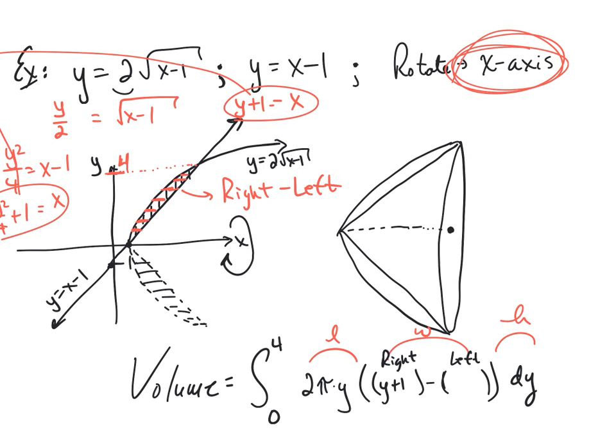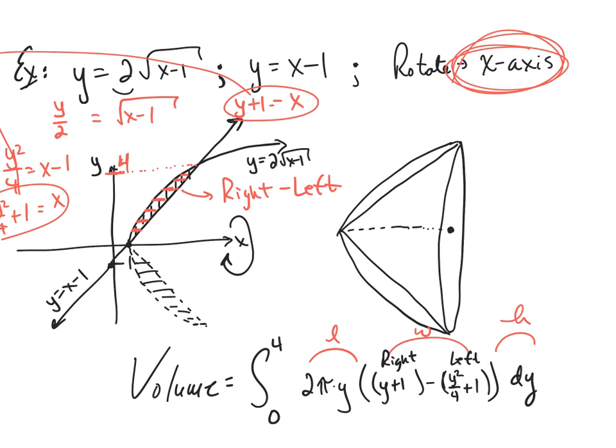And then the second curve, the curve to the left, is going to be the radical curve. And when we solve that for x, what we got as a result is y squared over 4 plus 1. And that then would be the complete setup for the volume.